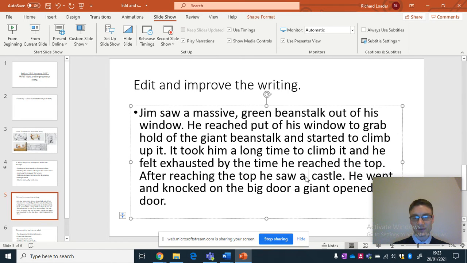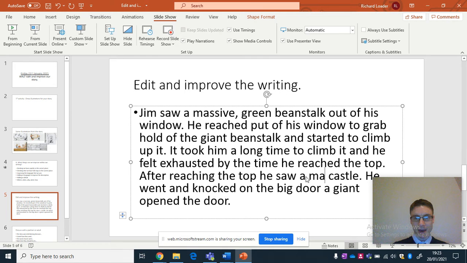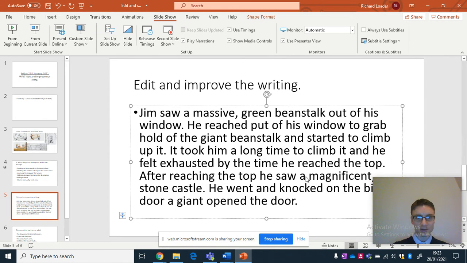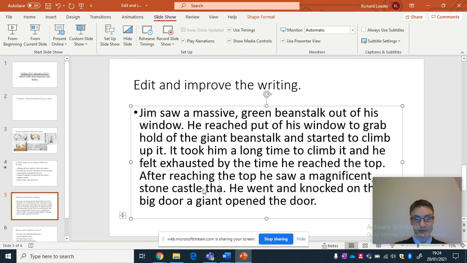We could use an adjective, couldn't we? A magnificent, I'm going to use a comma because I'm going to use an extra adjective, stone castle. After reaching the top, he saw a magnificent stone castle. Can we say anything more about it? That had a moat around it, or had a drawbridge leading to the front door.